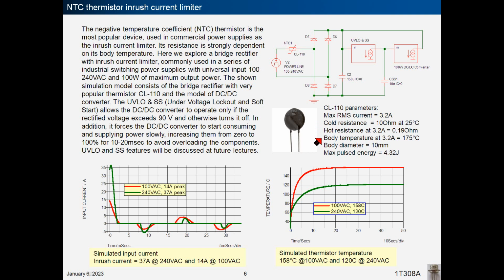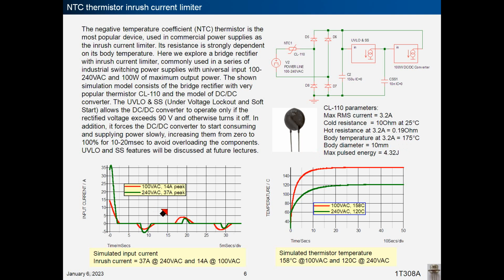Body temperature at rated RMS current 3.2 amps is 175 degrees C. Body diameter is 10 mm and maximum pulsed energy is 4.32 joules.